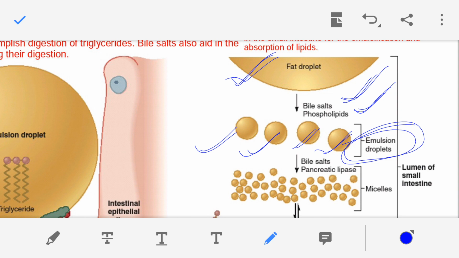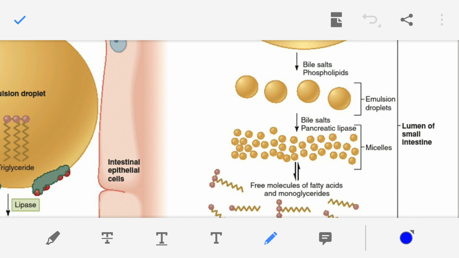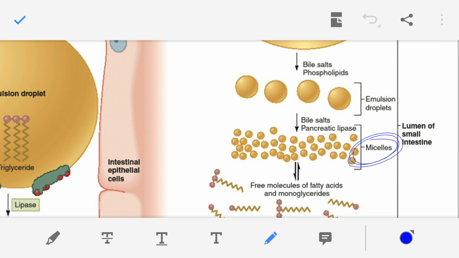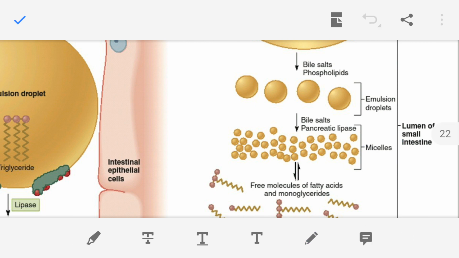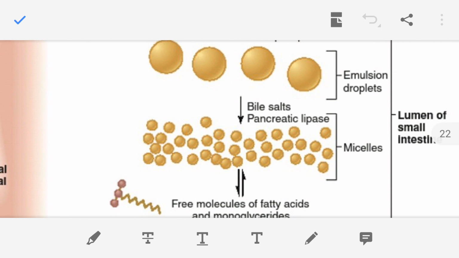These emulsion droplets are further acted upon by bile salt and pancreatic lipase in the lumen of the small intestine. And now we have very small micelles. Okay, so here these are the micelles. So how are these micelles formed?